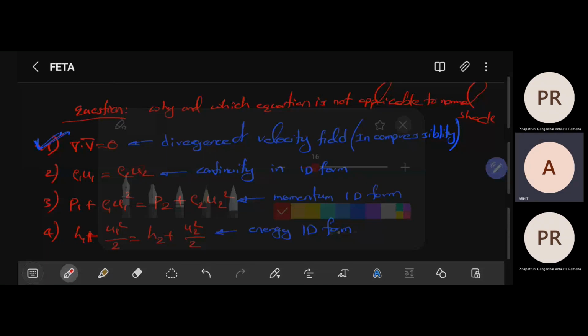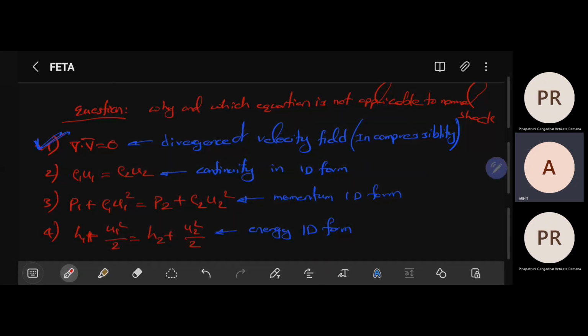Only incompressibility will not fit in this case, because shock waves are compressible flows. The flow should be compressible.